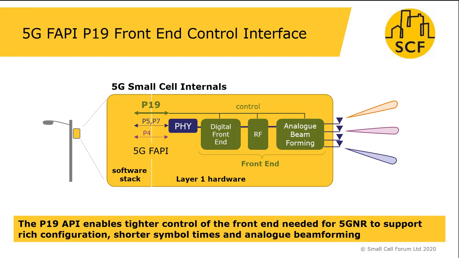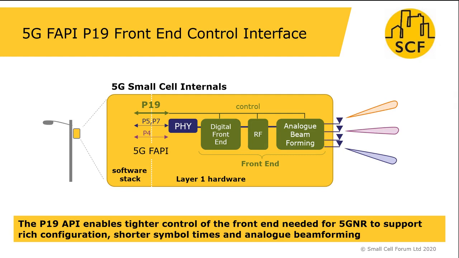Besides enabling the fast dynamic control of the front-end unit, one of the primary goals of P19 is to facilitate network virtualization by allowing stack and front-end unit solutions from different vendors to bind together easily. The concept applies to both the all-in-one small cell solutions, where the upper, the lower layers, and the front-end unit are all co-located, as well as the disaggregated solutions where they may reside at different physical locations.